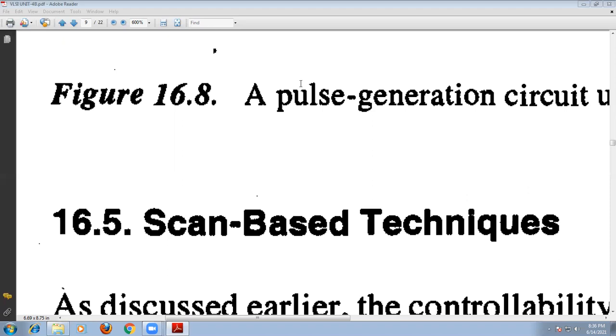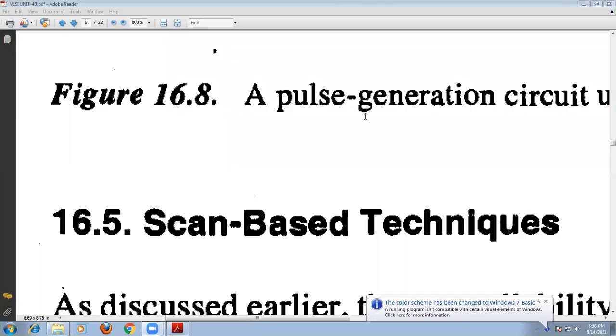Therefore, the alternative method in this case is the use of scan registers with both shift and parallel load capability.